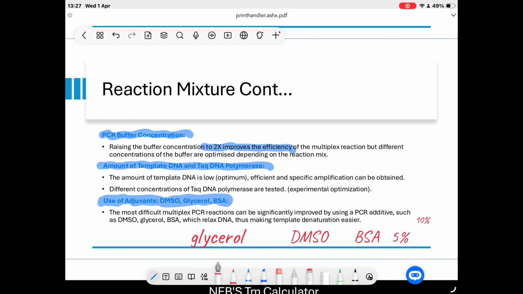But doesn't that inherently destabilize the primer target annealing as well? It does, and that is exactly why optimization is so difficult. DMSO lowers the melting temperature of the target, but it also lowers the melting temperature of your primers. If you add too much DMSO, your primers will never lock onto the target, and the reaction fails. It is a razor-thin margin between relaxing the template and destroying the primer affinity.